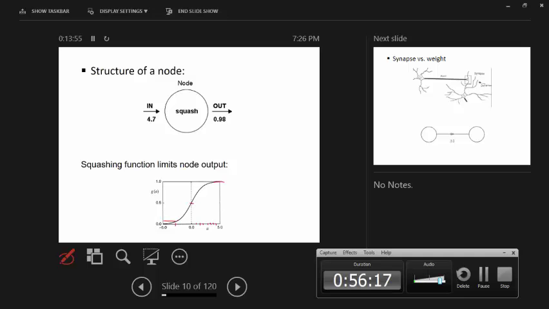So this function returns, in this case, 0 or 1, right? Some other functions may return -1 to +1. So depending upon the functions we choose, we might have different performance of a neural network.